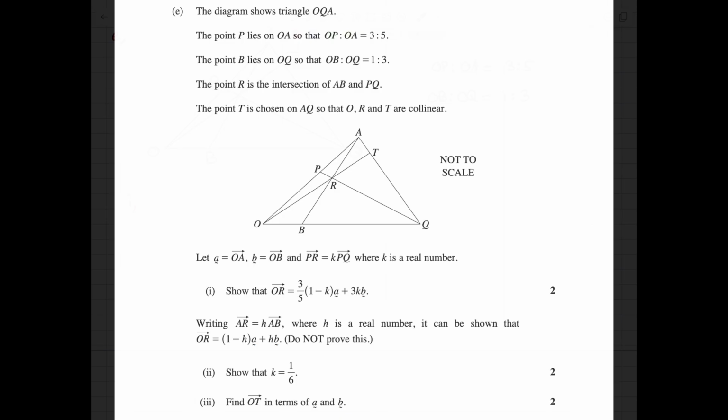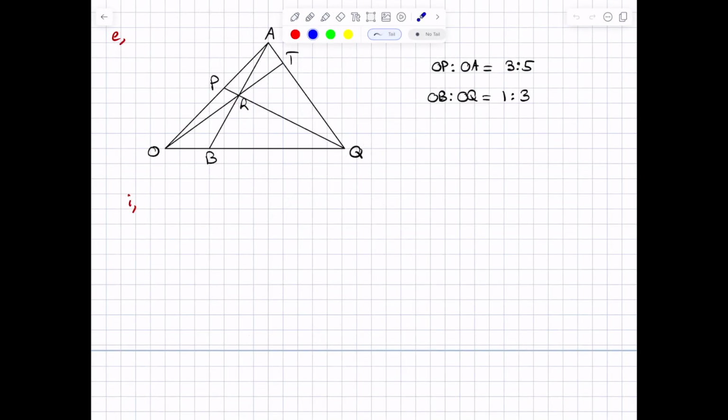So I'm trying to find an expression for OR, which is this vector here. And I've been given these ratios. I've also been given that the vector OA is equal to A. So I'm going to add that in. So there's the vector OA, and that's equal to A. Now if this is equal to A, then OP, which is 3/5 as long as OA, is going to be 3 on 5A.